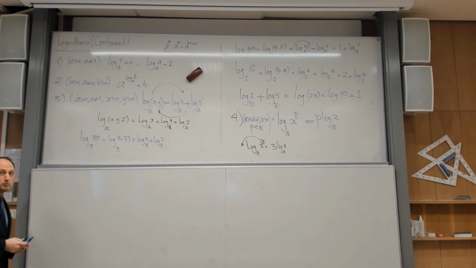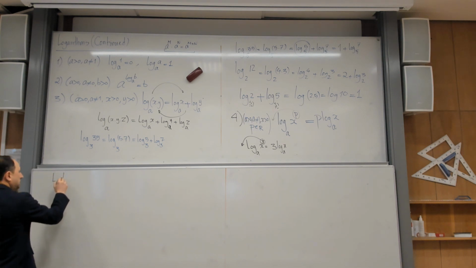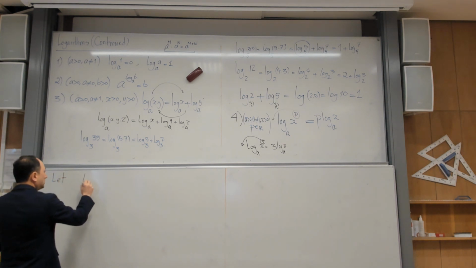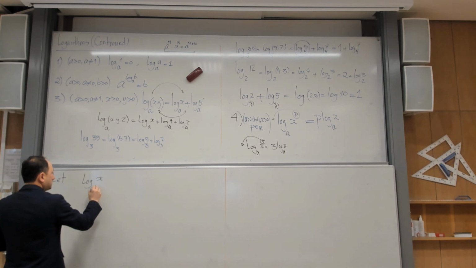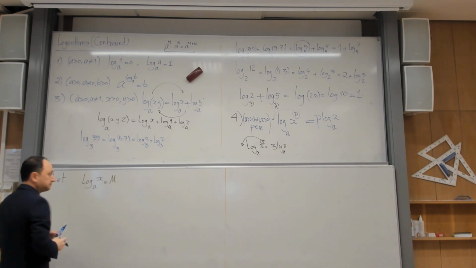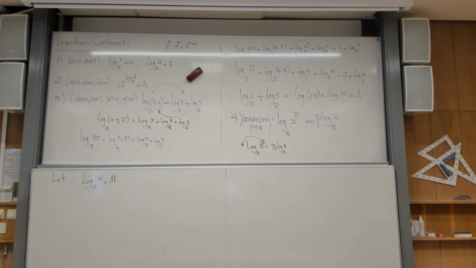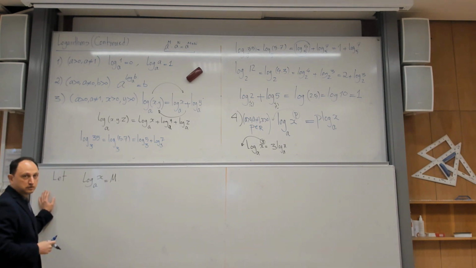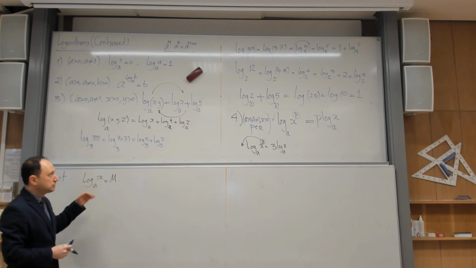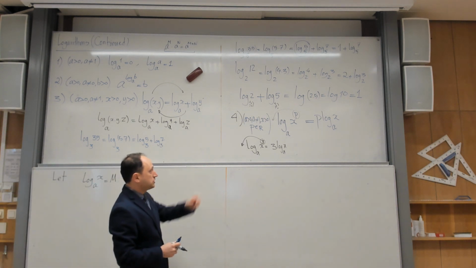So we want to prove number 4. Let me give it a name. I will call log of x in base a to be m. Okay, so then you should be able to help me continue the rest. So I want to convince myself this is the case.